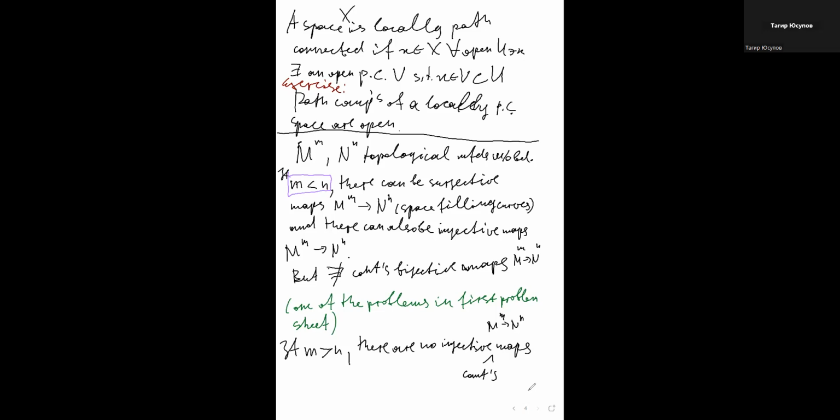Maybe if there is an injective map, we have some injective homomorphism on the higher homology group of M. Too complicated. No.